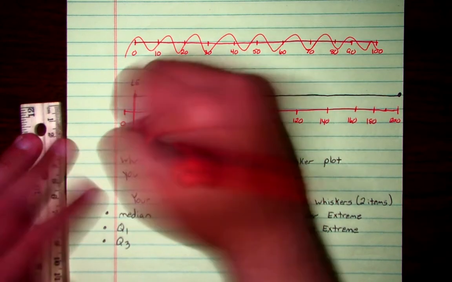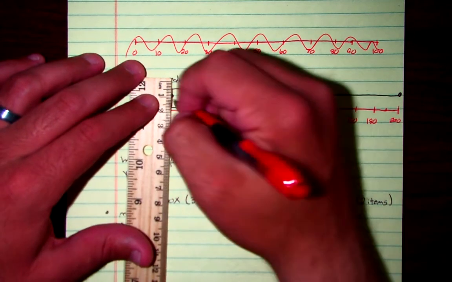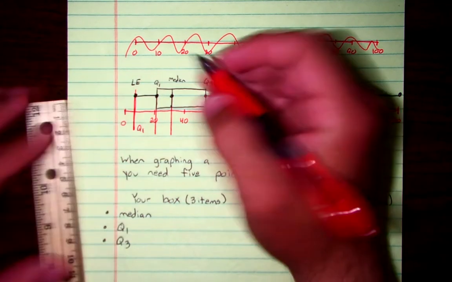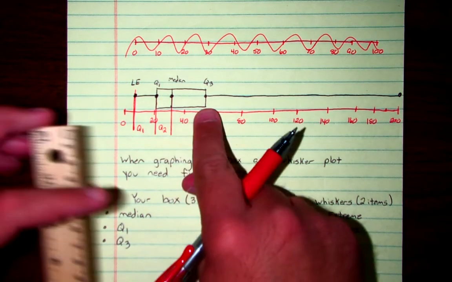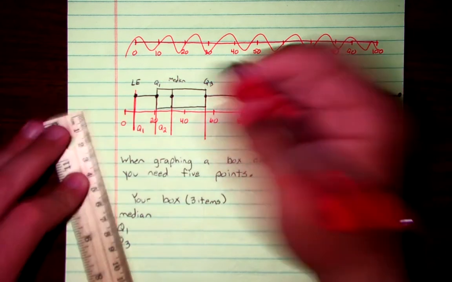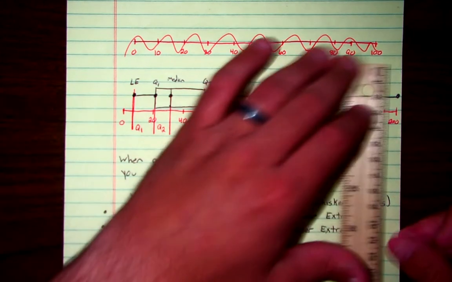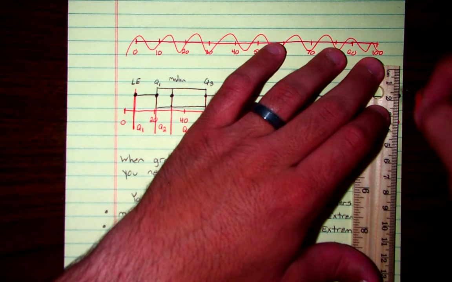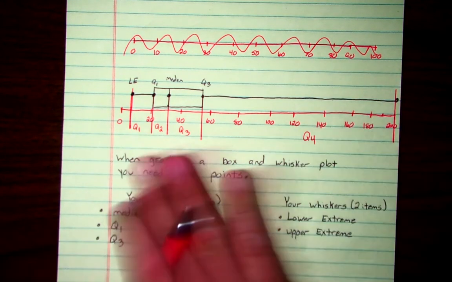Then from here to here will be your second section. And then from here to here, this would be your third section. And then from here to here would be your fourth section. You will learn about this later on. I just at least wanted to show it to you.